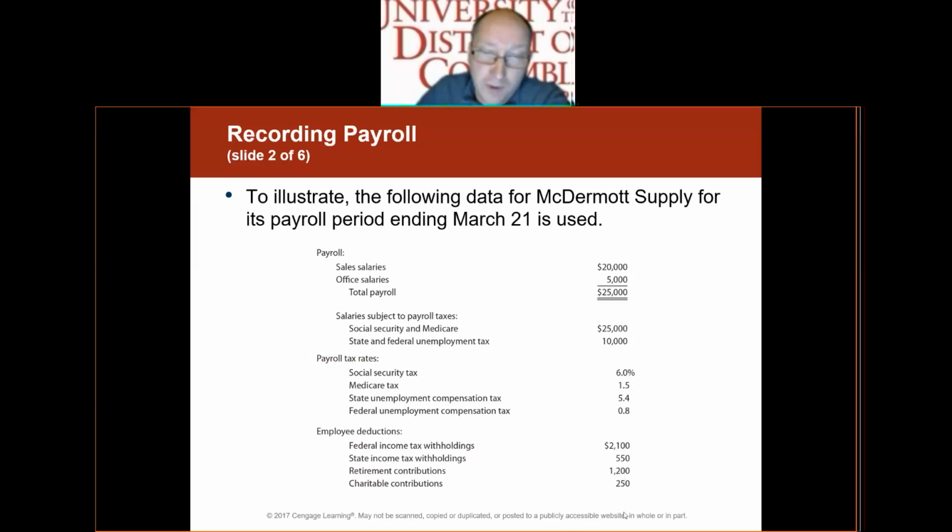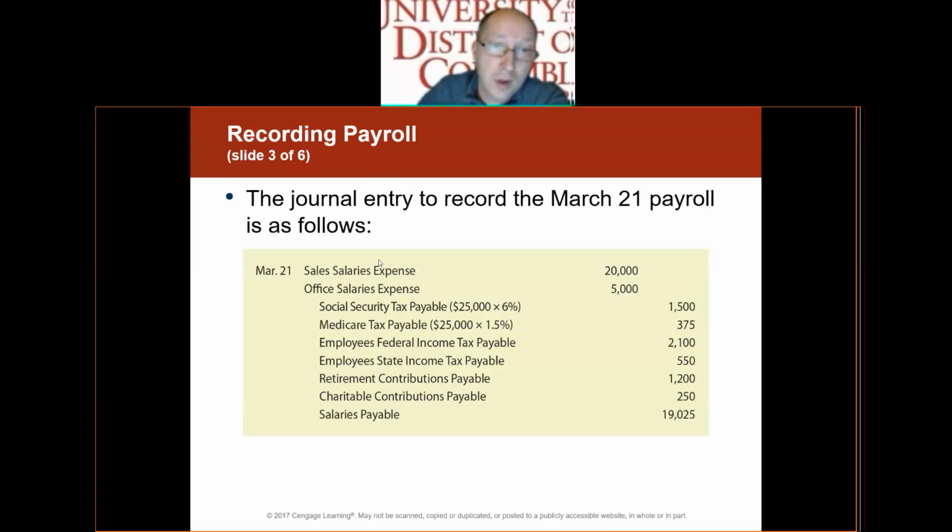So we figured out what the deductions are. We figured out how much our salaries are. Now let's figure out what the tax is. So we debit our sales salary expense, $20,000. We debit our office salaries expense, $5,000, to increase our salaries expenses, right? And then we start crediting our payables.